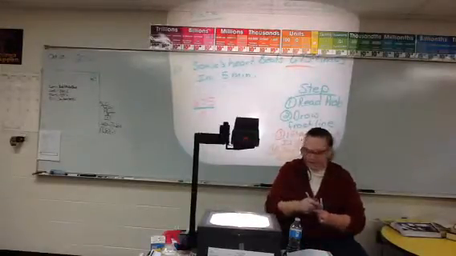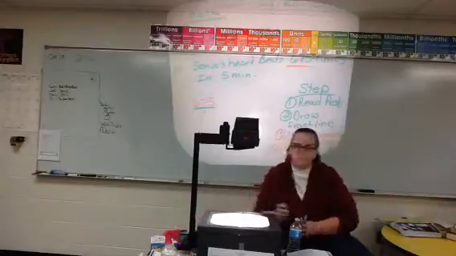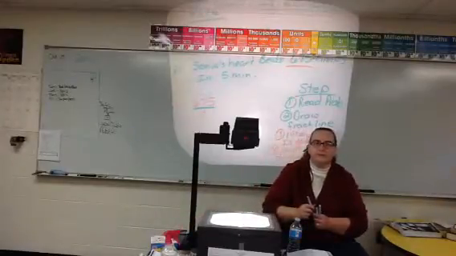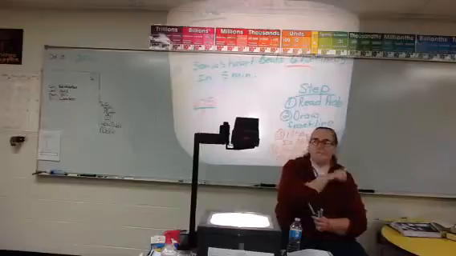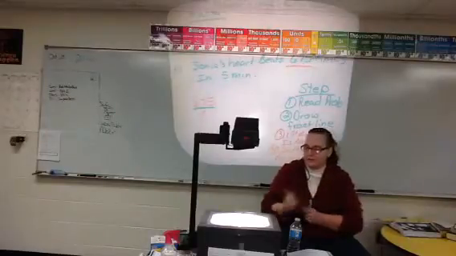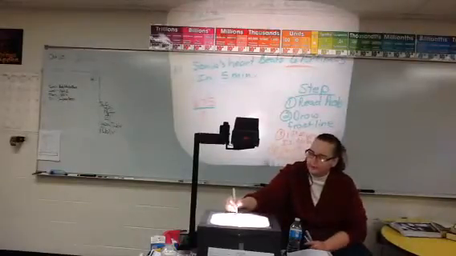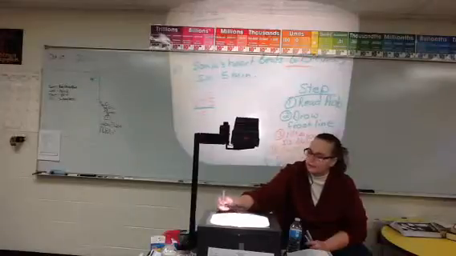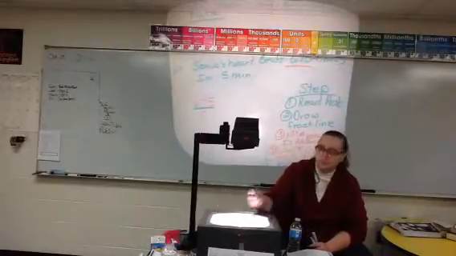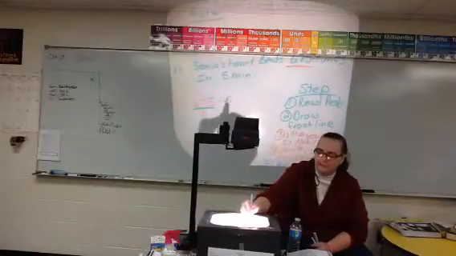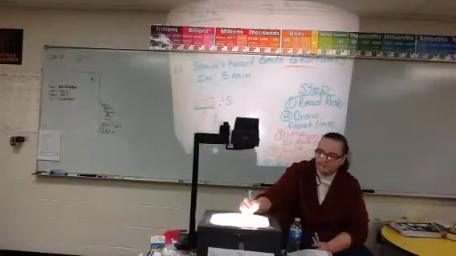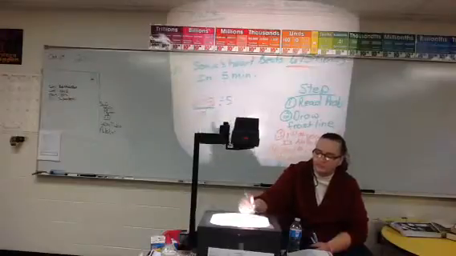What's always the last step with fractions? Reduce if necessary. Can we reduce 675 over 5? We can reduce by 5, right?